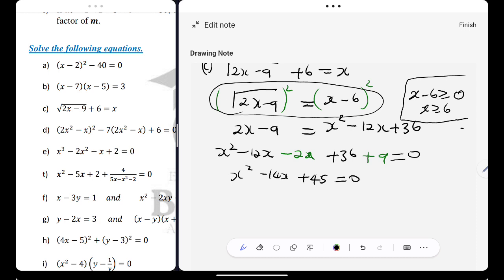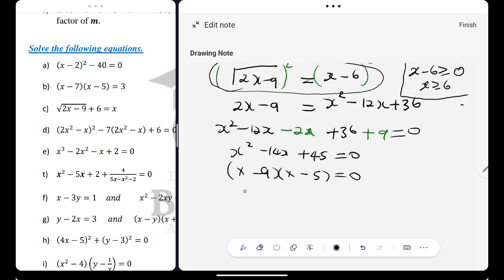Alright, together. So here I must just factorize. I want the factors of 45 that when I add will give me 14, and those are 9 and 5. Minus and minus. So x is equal to 9, or x is 5.